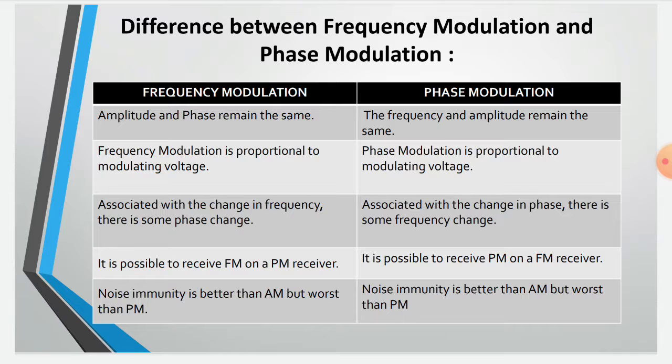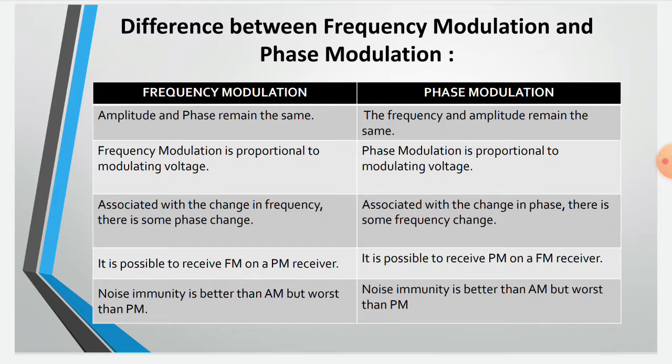It is possible to receive frequency modulation on a phase modulation receiver. It is possible to receive phase modulation on an FM receiver. Noise immunity is better than AM but worse than PM.